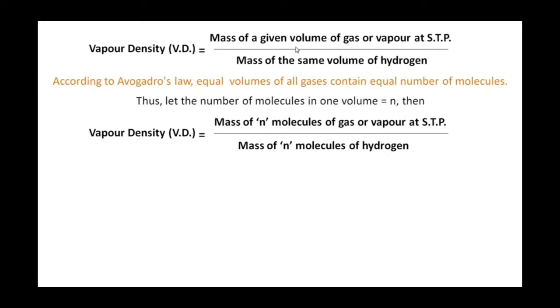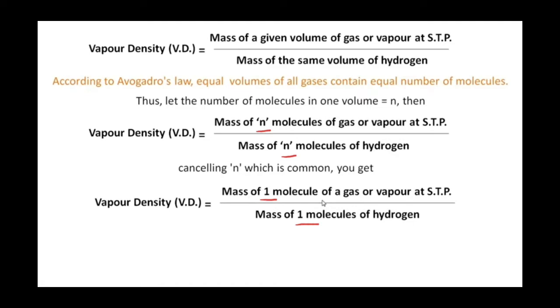Suppose if we take number of molecules as n, then the vapor density is equal to mass of n molecules of gas or vapor at STP divided by mass of n molecules of hydrogen. So, instead of given volume and same volume, we are writing n molecules.